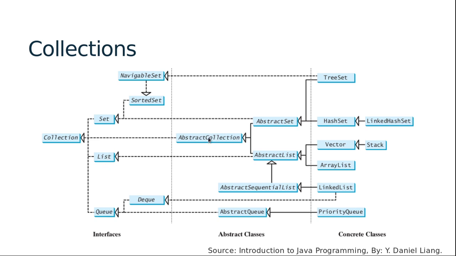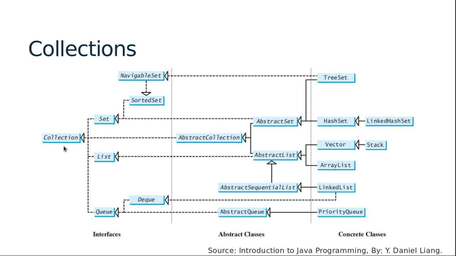This abstract class and this interface have a few more abstract methods. And then the AbstractCollection class as well as the List interface both implement the Collection interface, which defines all common methods. So either directly or indirectly, the ArrayList class has all those methods and properties defined in the Collection interface.